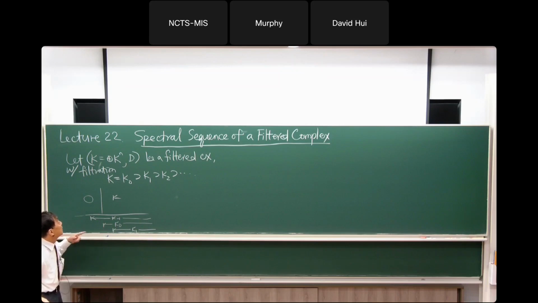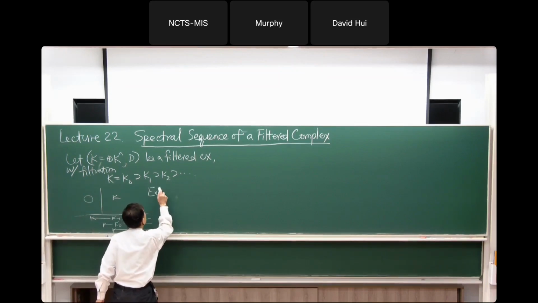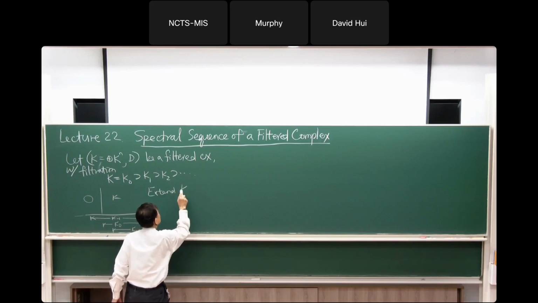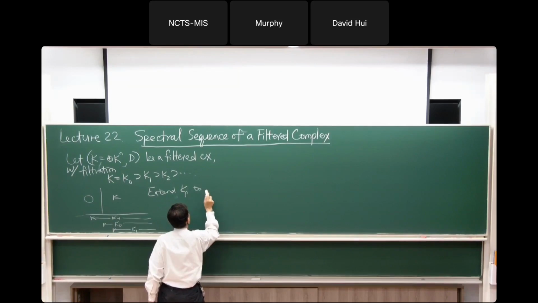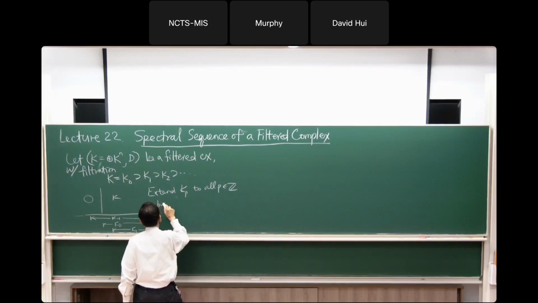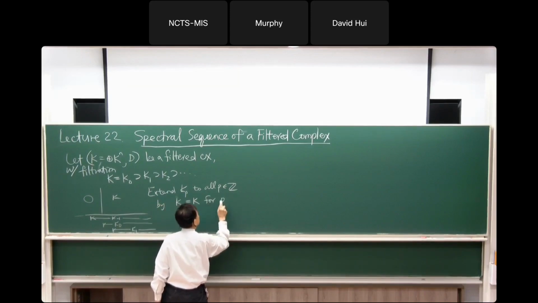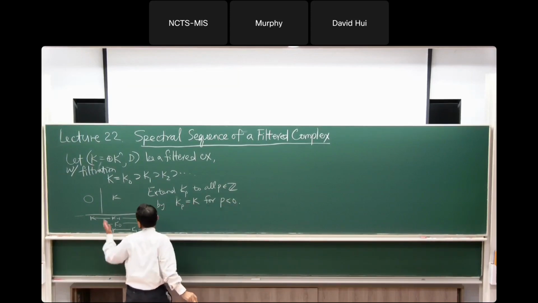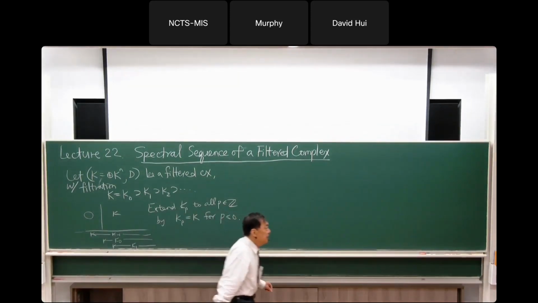Okay, so we extend Kp to all p in Z by setting Kp equals K where p is negative.